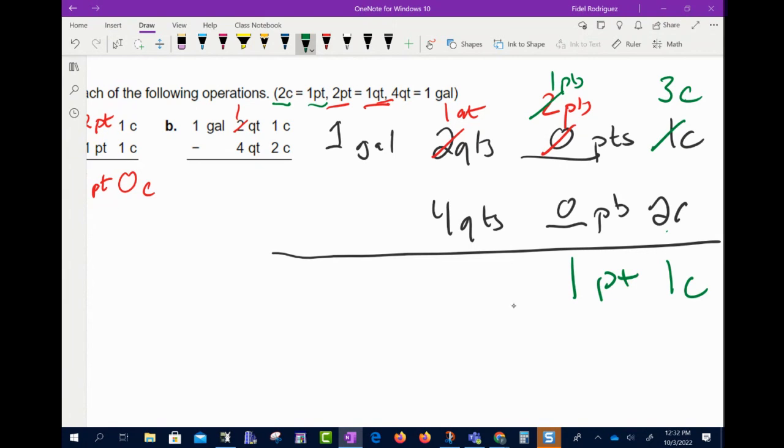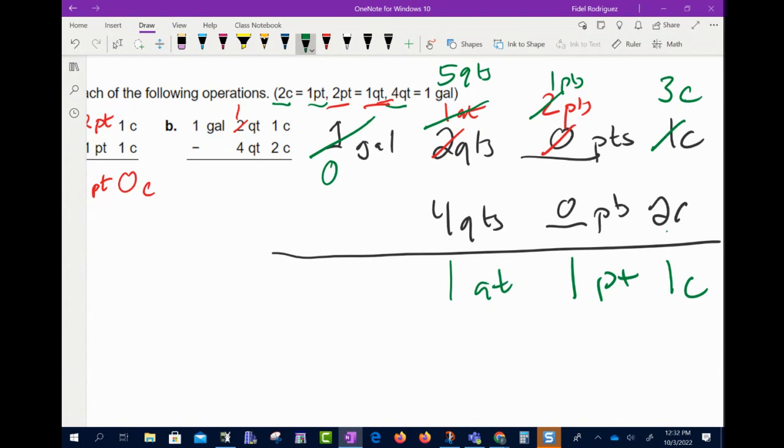I can't take away 1 quart when I only have 4. So I'm going to borrow over here. Now I have no gallons. But we know that 1 gallon is the same thing as 4 quarts. So wouldn't that give me a total of 5 quarts now? Because the 4 quarts plus the 1 that I have there is 5. So 5 minus 4 is going to leave me with 1 quart.